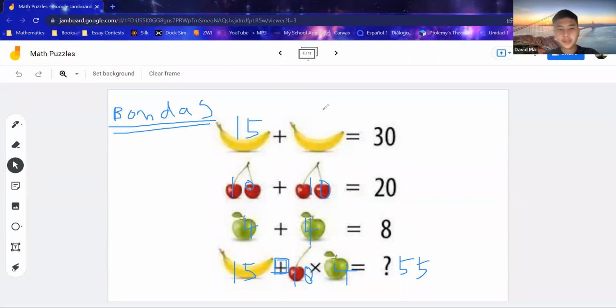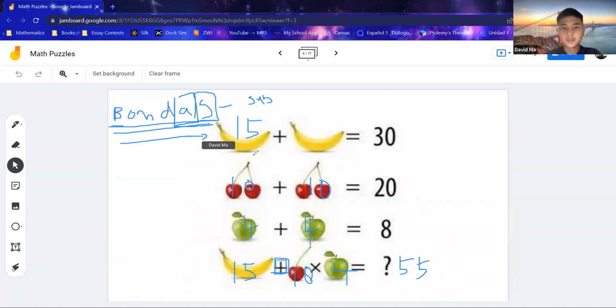So BODMAS is basically a simple way to memorize the order of different operations. The S here represents subtraction, which is the minus sign. The A here represents addition, which is a plus sign. The order from the start to the end is the order you should do the operations.